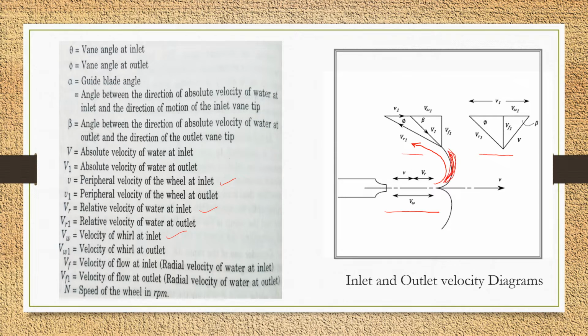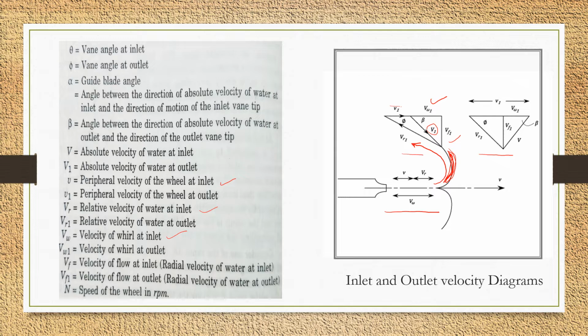So friction along the vane is neglected. From the known value of VR, we first get VR1, we draw VR1, and then with the known value of U1 and VR1, we get the value of capital V1. The two components of capital V1 are VW1 and VF1.